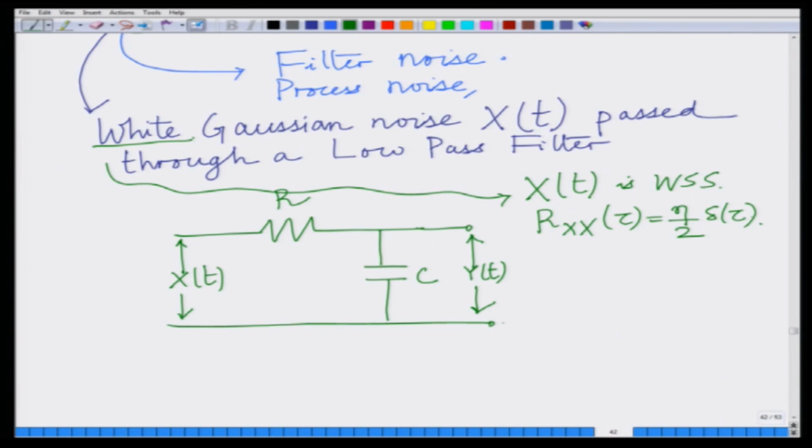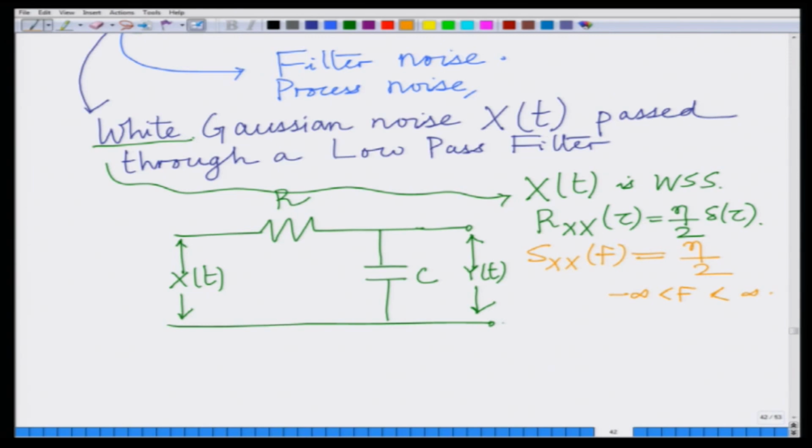That naturally means that the power spectral density Sxx of f is, as we had just seen before, eta by 2 over the entire frequency band. So the power spectral density is eta by 2.